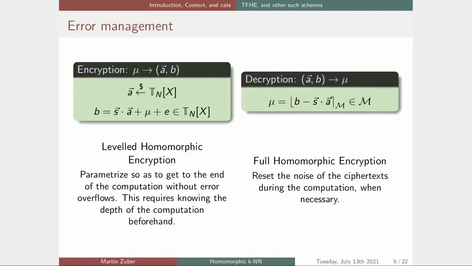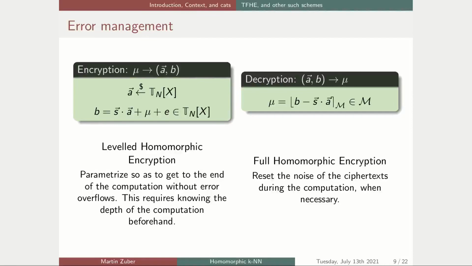Now, this is going to be a very interesting operation because of a problem that most homomorphic encryption schemes have, which is error management. As we said, there is an error which is introduced at encryption time, and this error is going to grow with every operation that we apply on our ciphertexts. And at some point, decryption is going to be impossible. So there's two solutions to this.